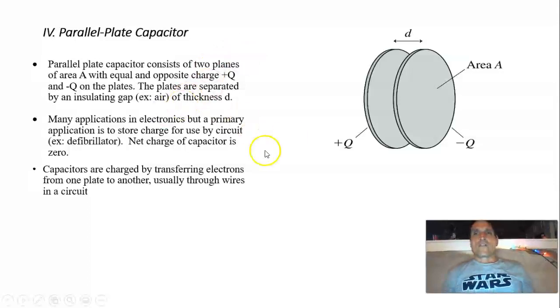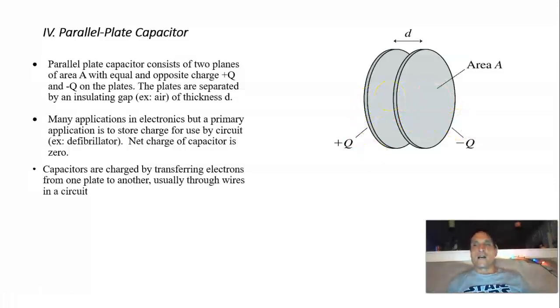And this capacitor, if you notice, is neutral, right? You have a charge plus Q on one plate, a charge minus Q on another. So as a whole, the capacitor is neutral. The capacitors are charged, we'll see later, by connecting these 2 plates with wires and transferring electrons from one plate to another. So that's charging a capacitor. Don't worry too much about that right now.